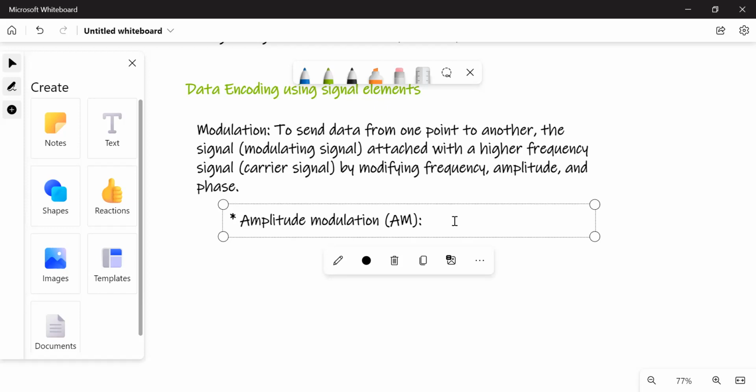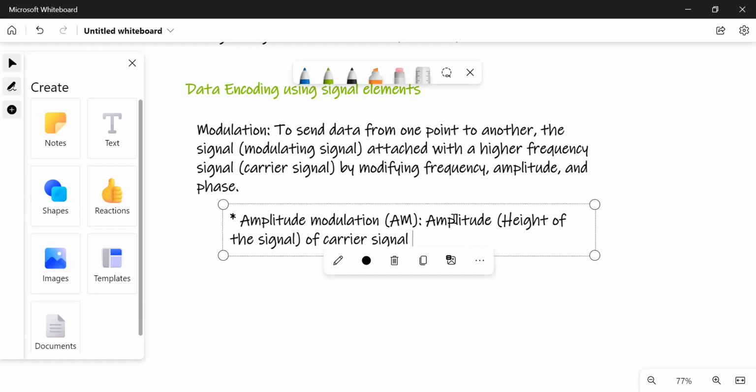Now, when you say amplitude, it's the height of the signal. Remember, we discussed these properties earlier. Amplitude, that is height of the signal of carrier signal, varies according to the amplitude of the modulating signal.